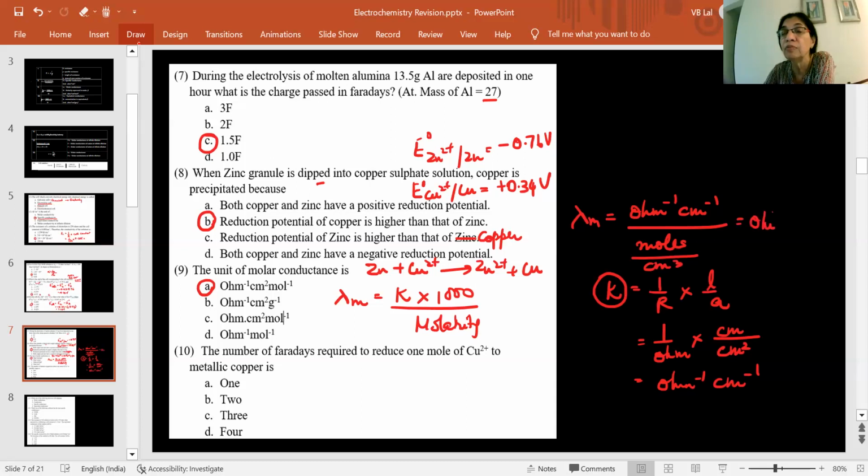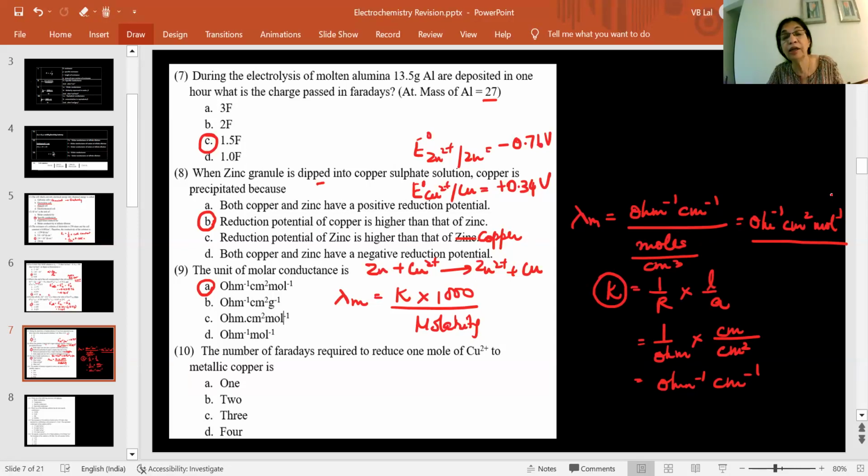Ohm minus 1, centimeter square when it goes up, and mole minus 1. Right? This is the unit. So answer is A: ohm minus 1, centimeter square, mole minus 1. These units are very, very important. You should understand the formula and then arrive at the unit.